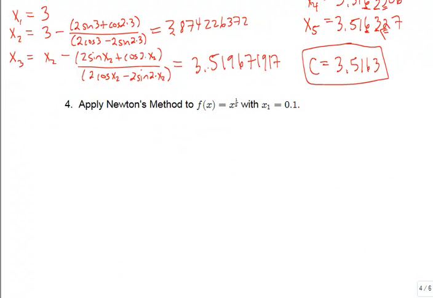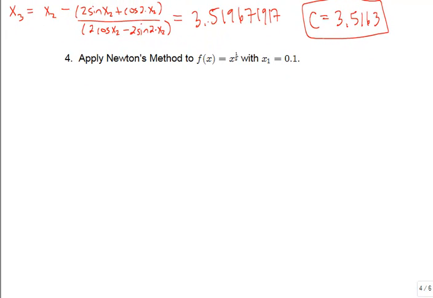All right, let's take a look at one more example here. Apply Newton's method to the function x to the 1/3 with x sub 1 equaling 0.1. So we know that we need x sub n plus 1 equal to x sub n minus f of x sub n over f prime of x sub n. So let's find what f prime of x wants to be.